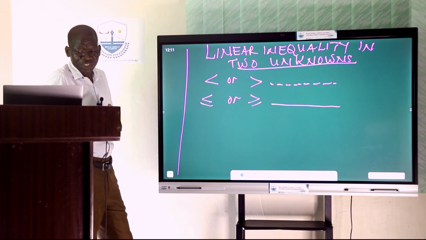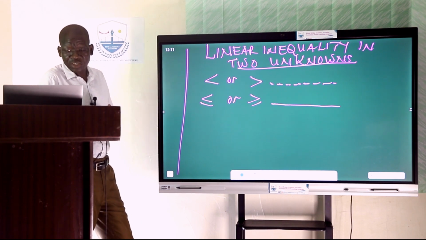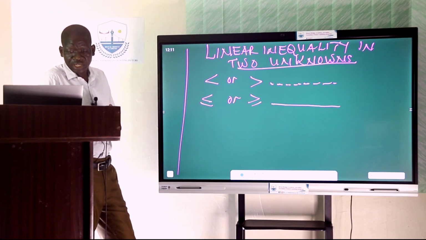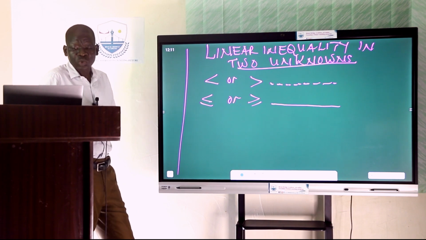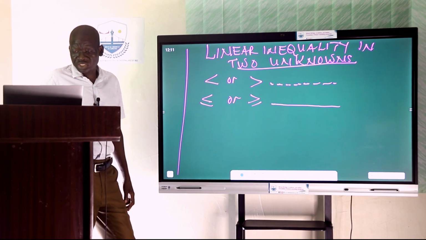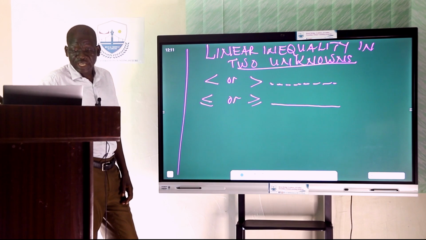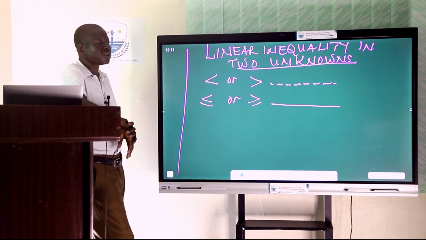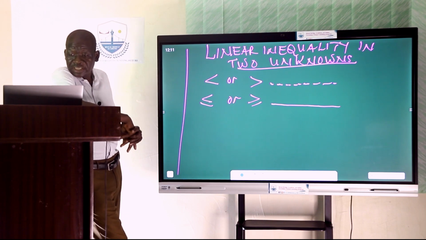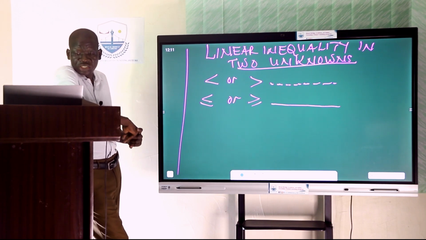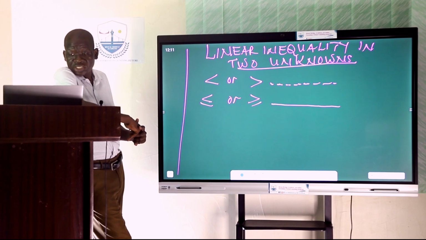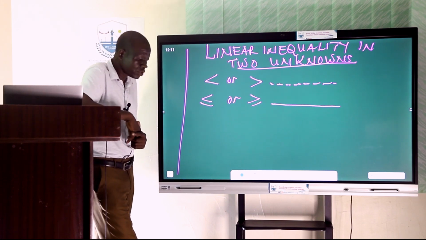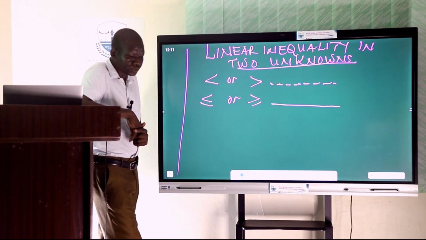The next step is we choose a test point. We choose a test point on one side of the boundary line and then check whether the test point satisfies the inequality or not.